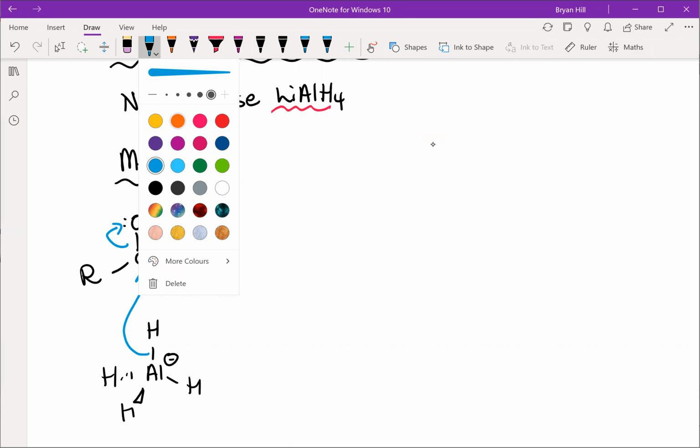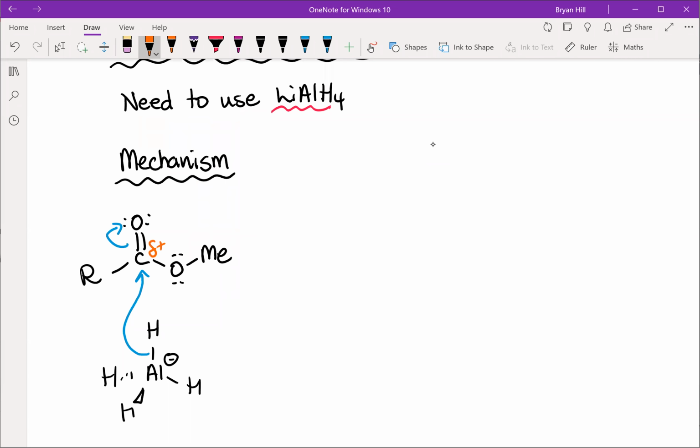This gives us a tetrahedral intermediate. I drew the H pointing towards us. It'd be a mixture of the two because it could attack from the top or the bottom, but I'm just drawing it this way to show that this is tetrahedral.